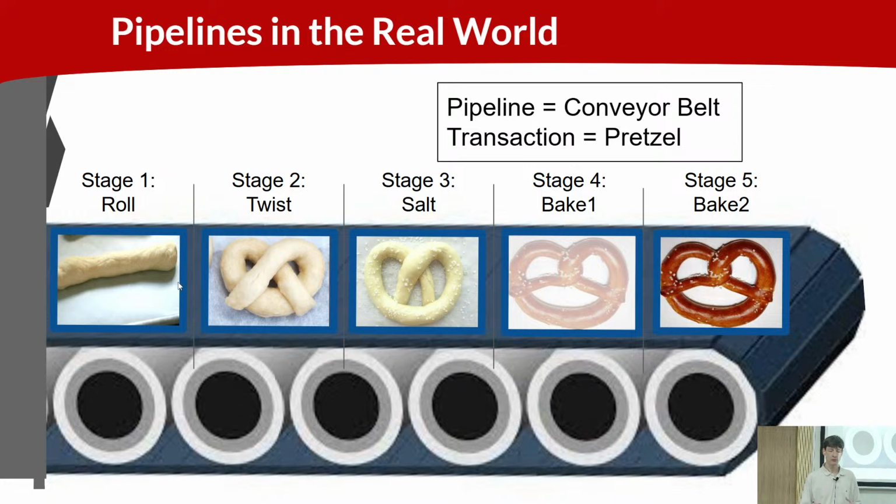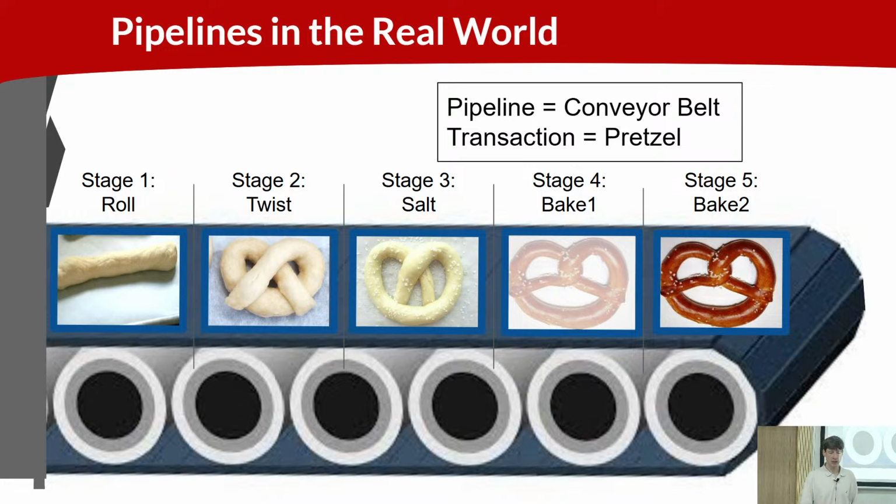So we're doing 5 operations on the pretzel at a time. Maybe this takes, who knows, 10 minutes to get through from start to finish, but we're doing 5 pretzels at a time, so we're doing a pretzel every 2 minutes.